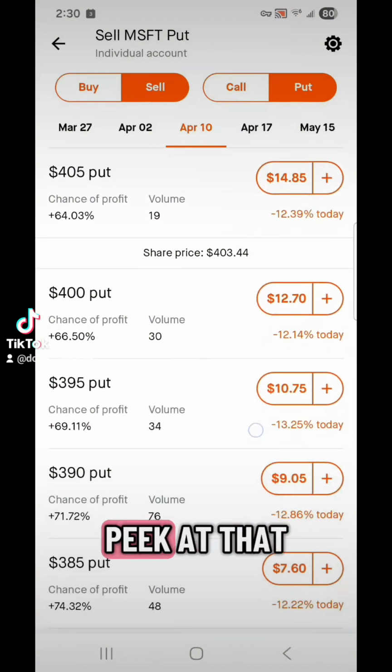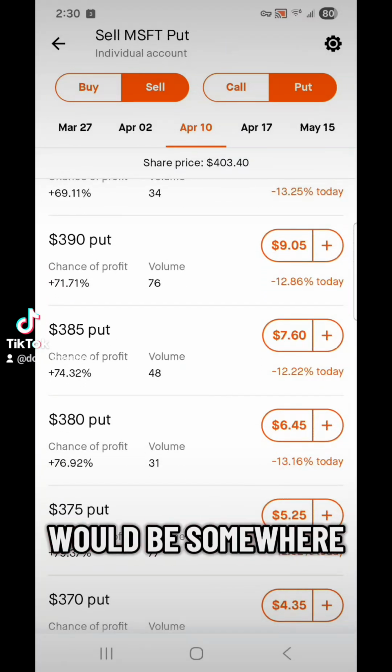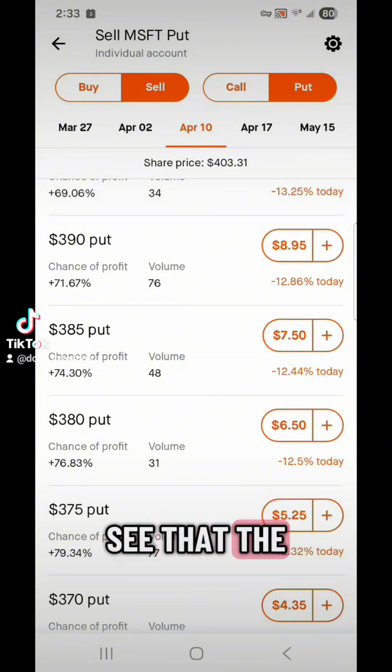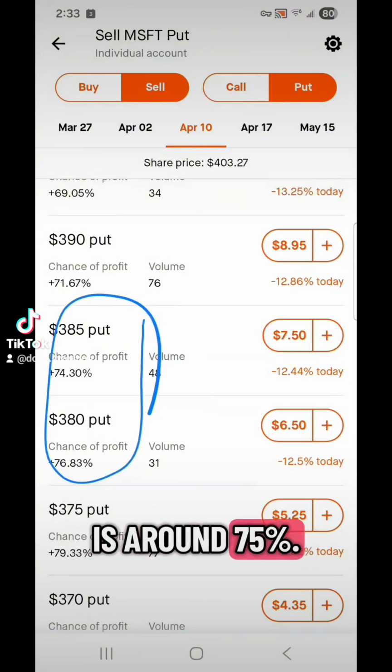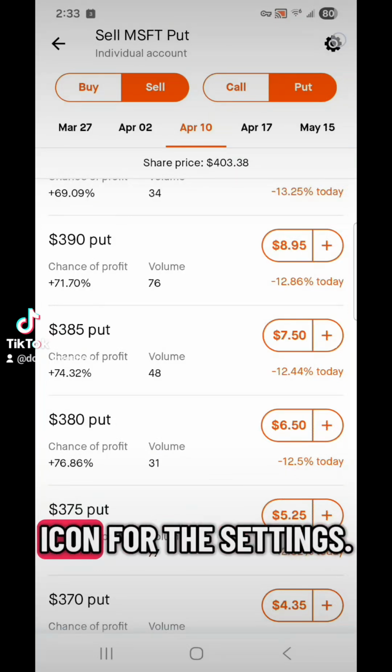And I want to take a peek at that 383. So that price would be somewhere in between these two. So you can see that the chance of profit is around 75%. And if you don't see that, then you can go to the top right gear icon.